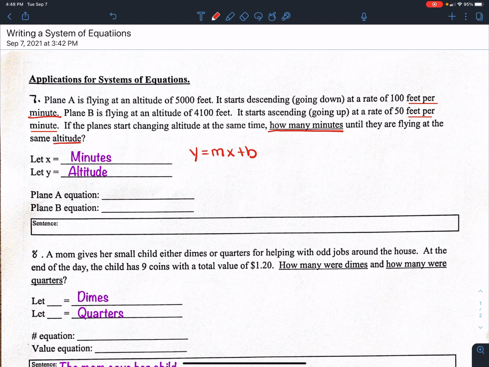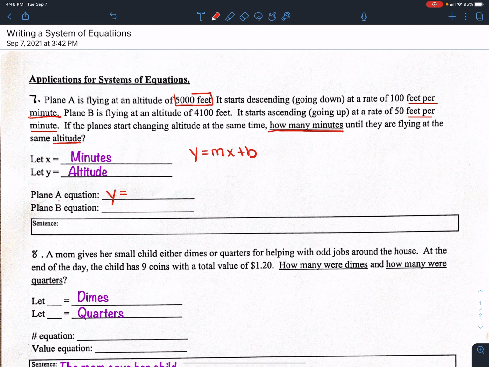For plane A, we need to know its total height when they meet. We don't know it yet. That's what we're trying to find. That total height is going to equal the slope. So where is it at? Is it increasing or decreasing? Plane A is flying at an altitude of 5,000 feet.